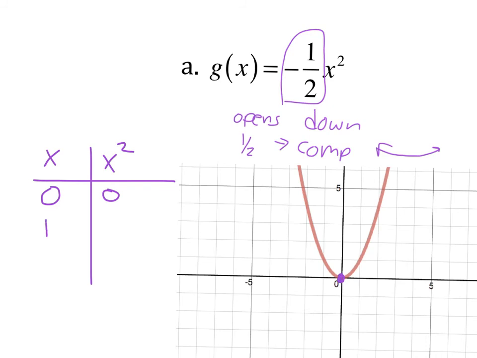When you plug in a 1, class, what is 1 squared? 1. So look, 1, 1. This is where things start to change. When you plug in a 2, what do you get? 4. So look how it jumps up. The 2 jumps all the way up to 4. So does the negative. And if I do 3, it jumps up to a 9, which is way up high.